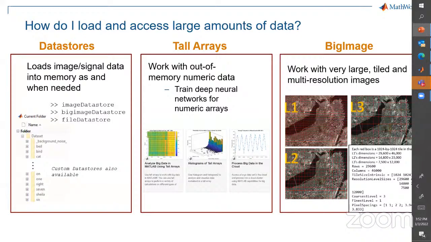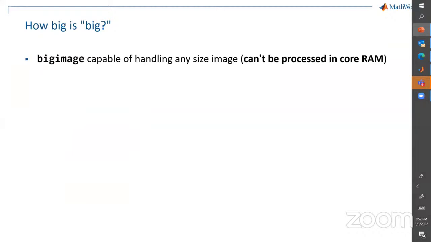And let's talk more about the big image capabilities. Now, there is a functionality inside MATLAB which is termed big image. The main intent of having big image is this: large data can be of two types.